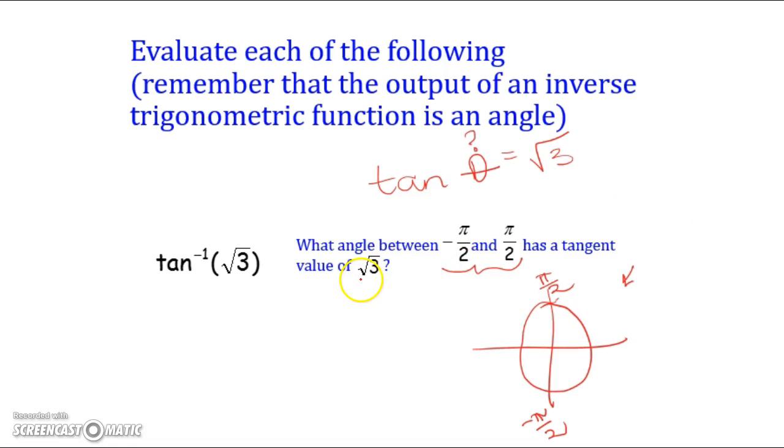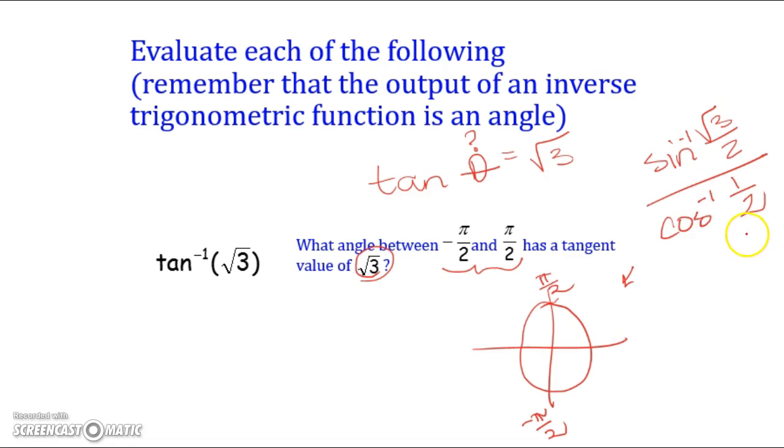And we know that square root of 3 is going to show up whenever sine was square root of 3 over 2 and cosine was 1/2. I think I should say sine inverse and cosine inverse, right? That's the angle measure that we're looking for, because this algebraically simplifies to the square root of 3.